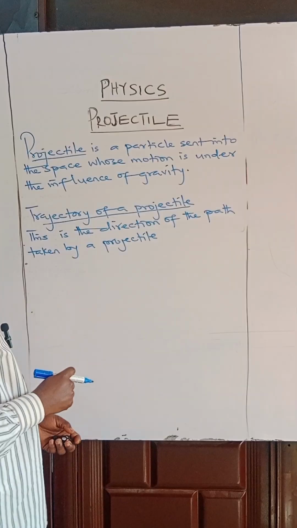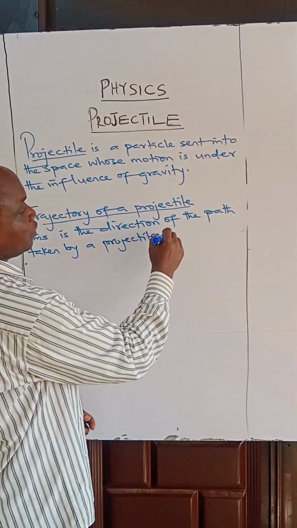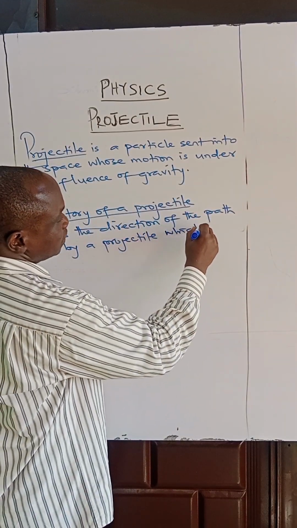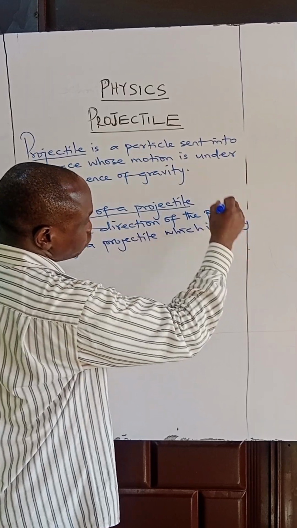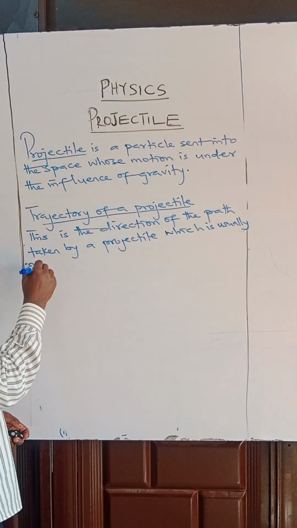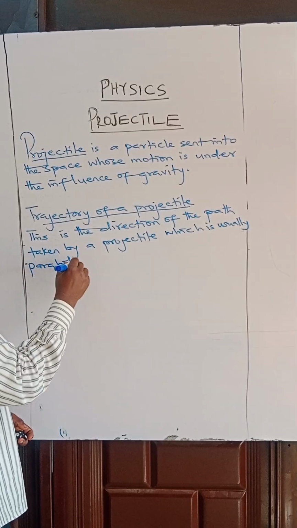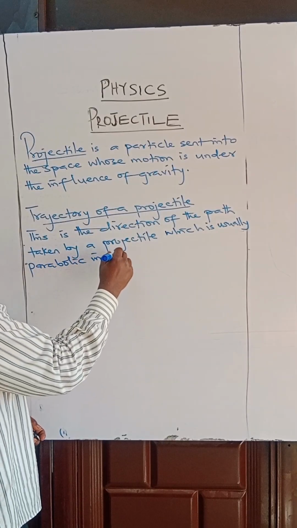This is the direction of the path taken by a projectile, which is usually parabolic in shape.